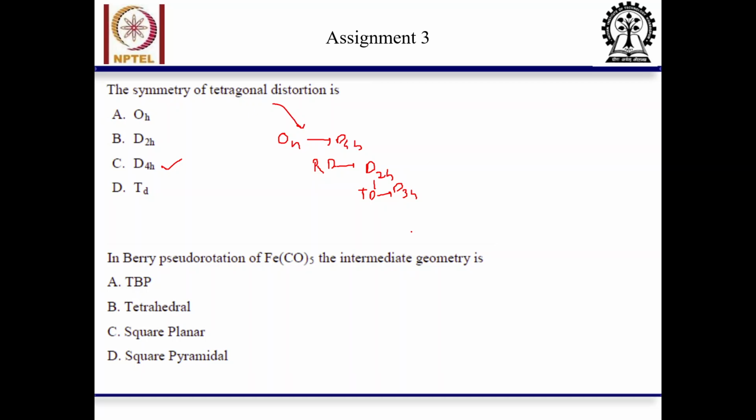Now, in Berry pseudo-rotation of Fe(CO)5, the intermediate geometry is. What is the intermediate geometry? Can anyone tell? I will wait again one or two minutes.